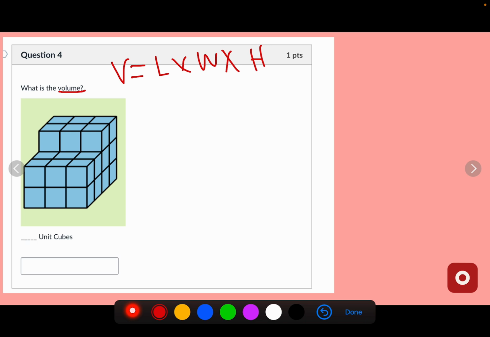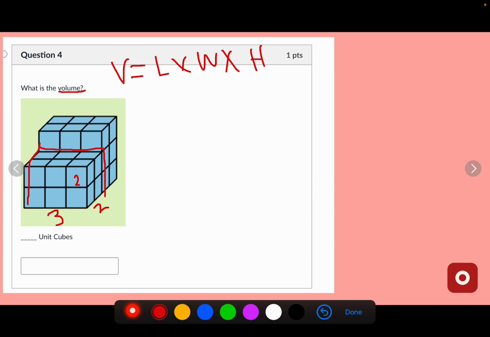The way I would do it is to split this so it's now this. Now we can look at just those parts, and it's 1, 2, 3 across, 1, 2 going back, and 1, 2 going up.